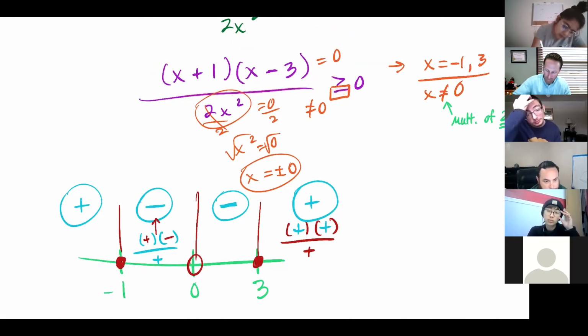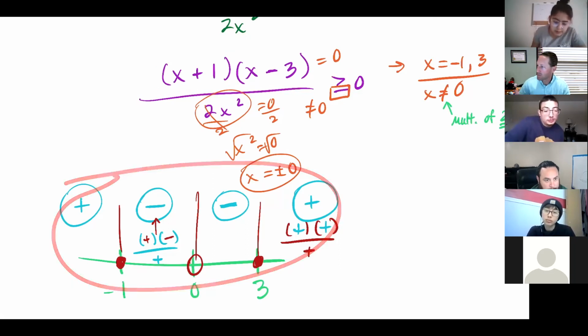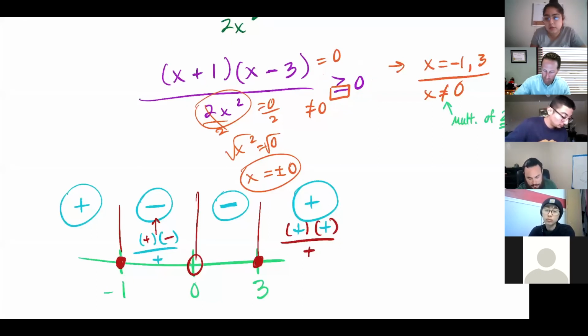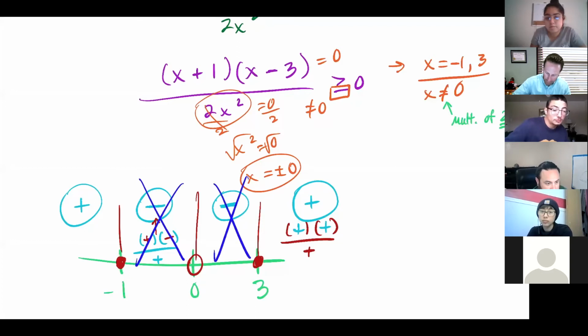Okay, now don't forget, what do we have to do with this in order to finish? What did they want? What kind of answers? Interval notation. Any that are greater than or equal to 0, which means we only want the what? Positives. Positive things, that's right.